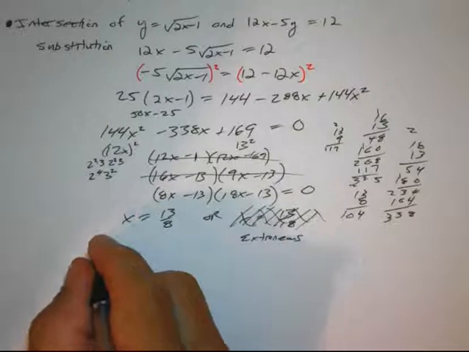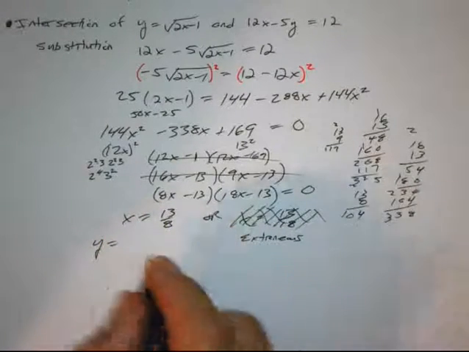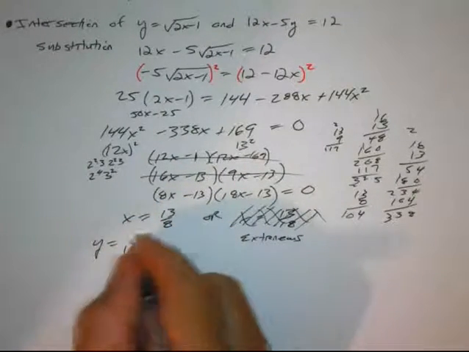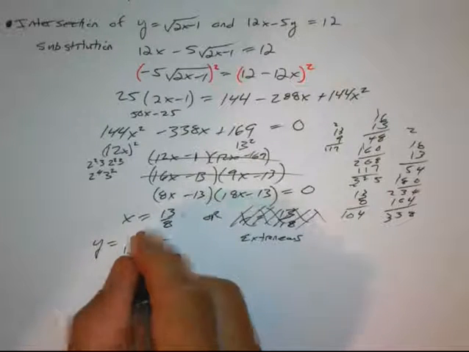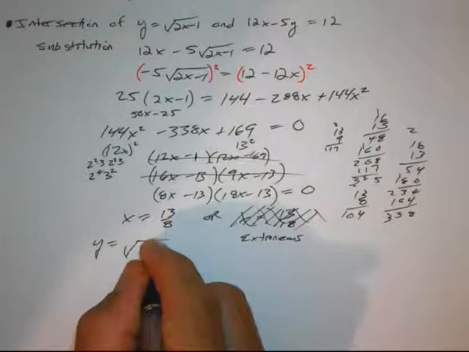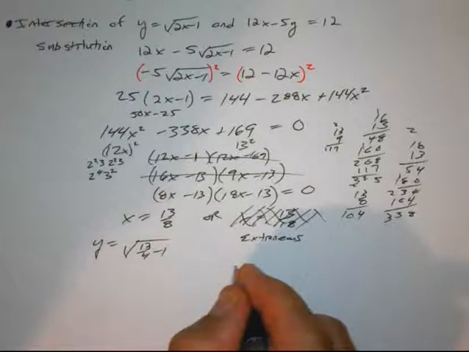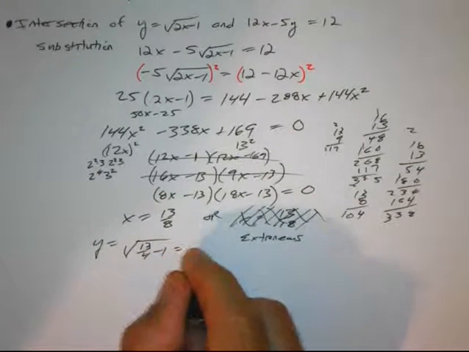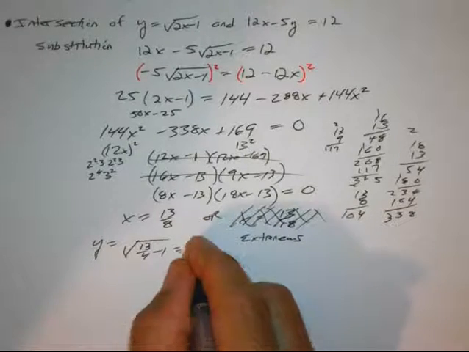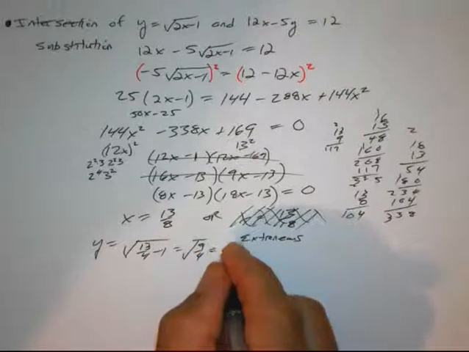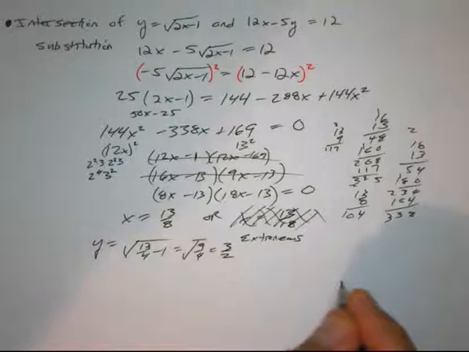And the corresponding y that goes with this, I'll grab the radical, substitute it in there. This is the square root of 2 of these. 13/4 for 2 of them, minus 1. That's minus 4/4. This is the square root of 9/4, which is 3/2.